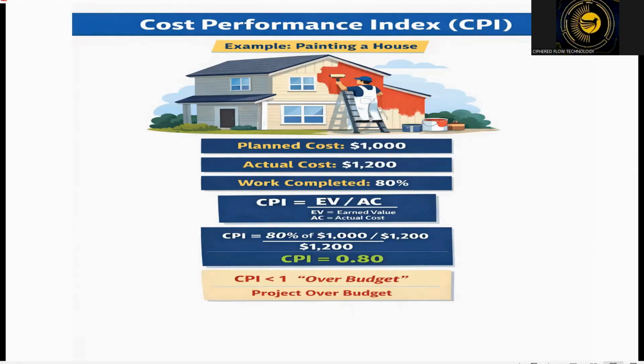So let's say your earned value is $40,000 and your actual cost is $50,000, the CPI will be 0.8. The point to remember here, or the interpretation, is that if CPI is less than 1, the project will be over budget. So if your CPI is 0.8, it means for every $1 spent, we are only getting $0.8 worth of work. And that's a serious sign.